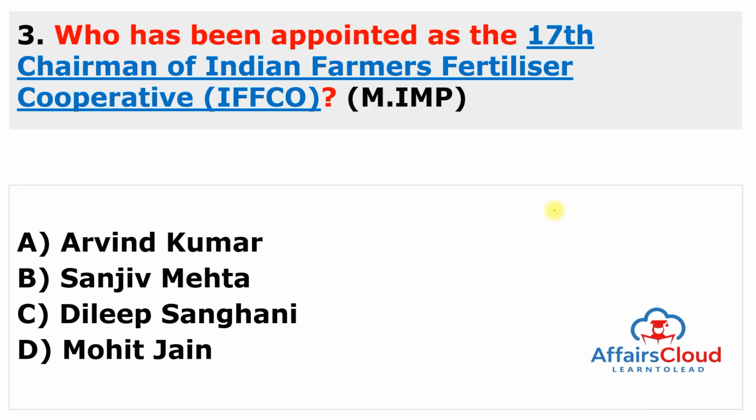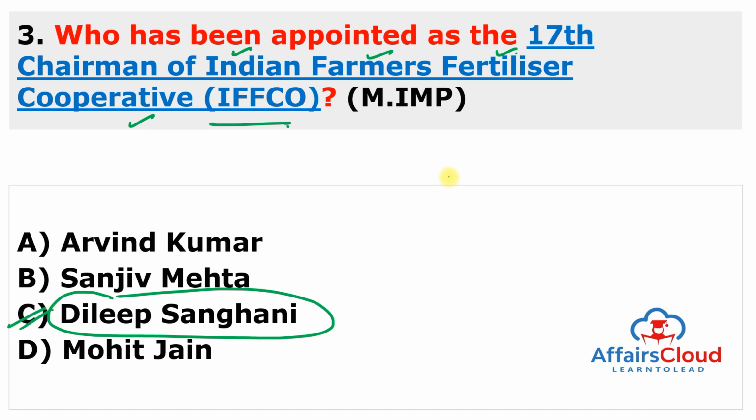Moving to the next question. Who has been appointed as the 17th chairman of the very important organization, Indian Farmers Fertilizers Cooperative, which is known as IFFCO? The board of directors of the Indian Farmers Fertilizers Cooperative Limited has elected Dilip Sanghani. So the answer of this question is C, Dilip Sanghani, the former cabinet minister of Gujarat, and he was appointed as the 17th chairman of IFFCO.